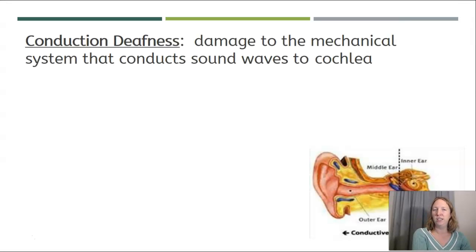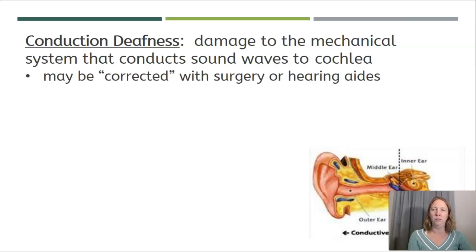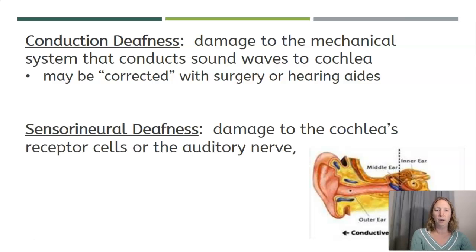A couple other types of hearing loss. One is conduction deafness. This is damage to the mechanical system that conducts sound waves to the cochlea. In other words, damage to those ossicle bones. This is a type of deafness that can be corrected with surgery or hearing aids. Sensorineural deafness, going with it, is damage to the cochlea's receptor cells or the auditory nerve.